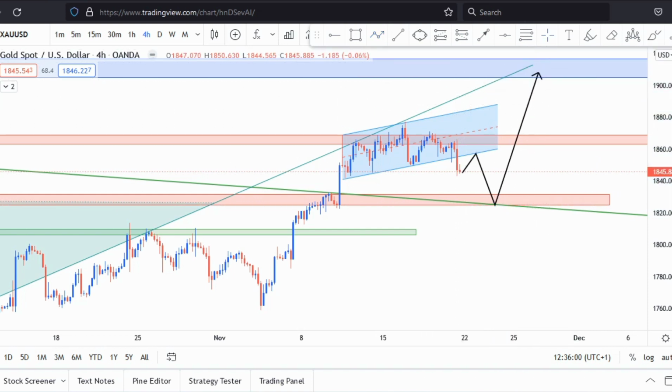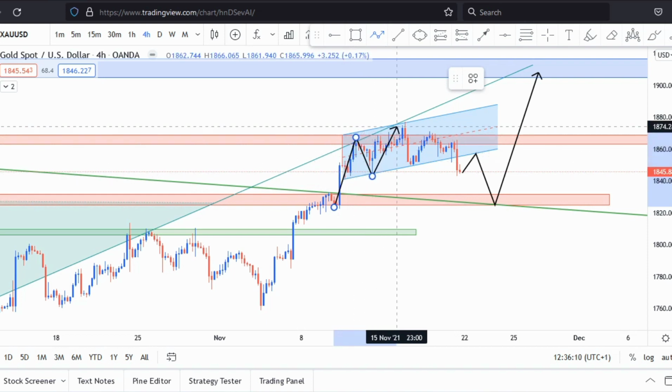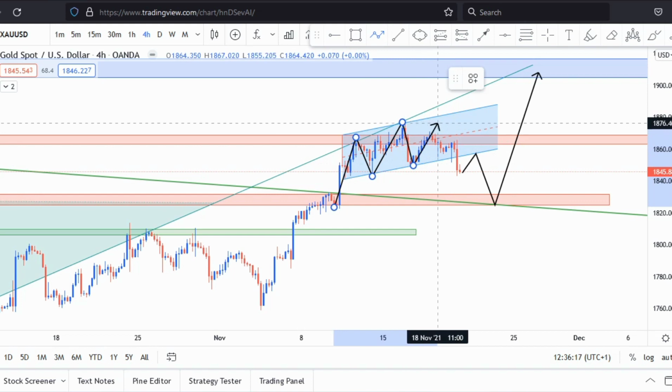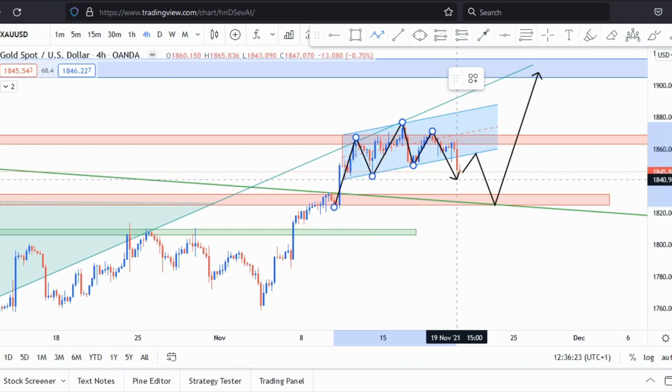Okay, and you could easily have predicted this move actually, because when you see the way price was moving, forming higher highs, higher lows, higher highs, higher lows, then price failed to break this previous high here and rather formed a lower high, and now a lower low.